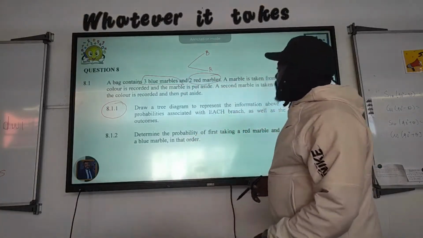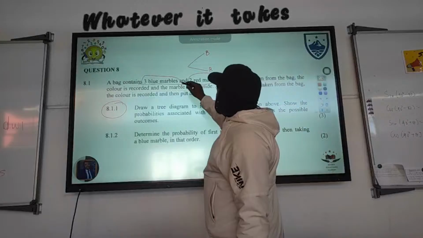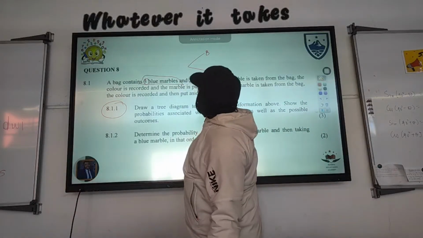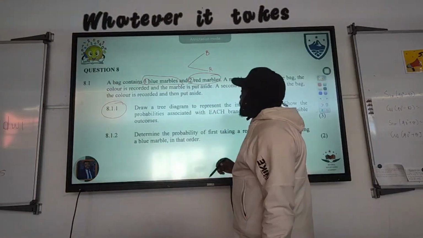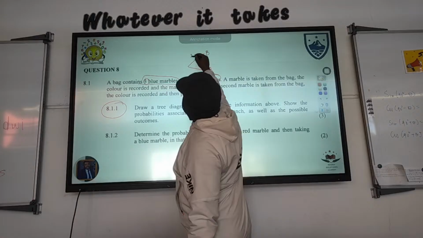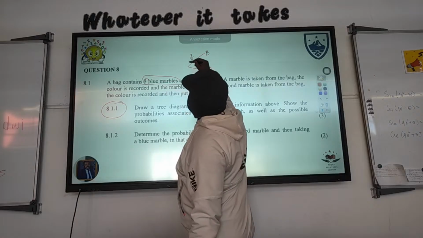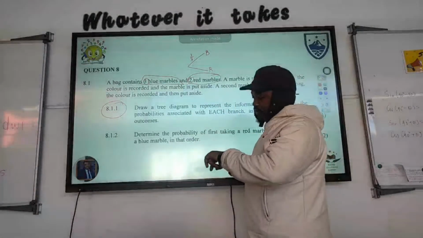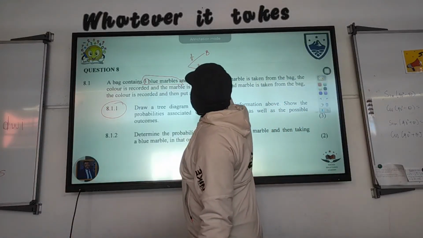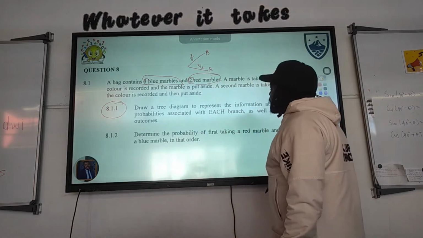And then we start with the probabilities to say, in total, how many marbles did we have? We had 3 plus 2, which is 5. So for blue, we'll have 3 marbles out of 5. And then for red, we had 2 out of a total of 5.